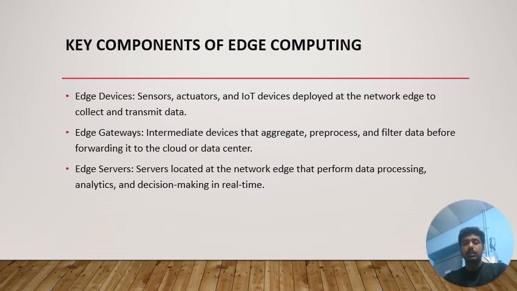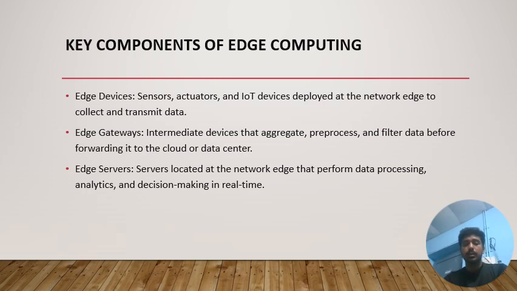The second one is edge gateways, intermediate devices that aggregate, preprocess, and filter data before forwarding it to the cloud or data center. And the third one is edge servers, servers located at the network edge that perform data processing, analytics, and decision making in real time.